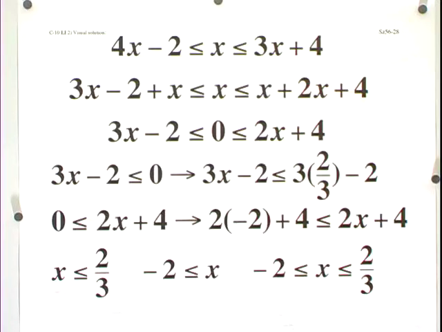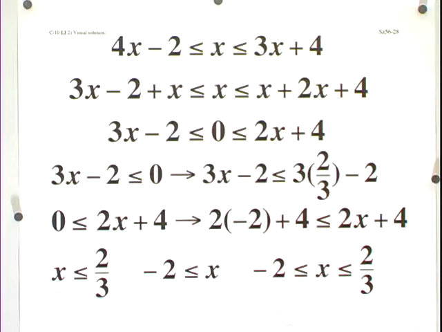So I have 2x plus 4. Now, since I have x on 3 sides, I can subtract x from 3 sides. And when I do that, this becomes a 0. So we have 3x minus 2 is less than or equal to 0. That's one side of the equation. The other side is 0 less than or equal to 2x plus 4.